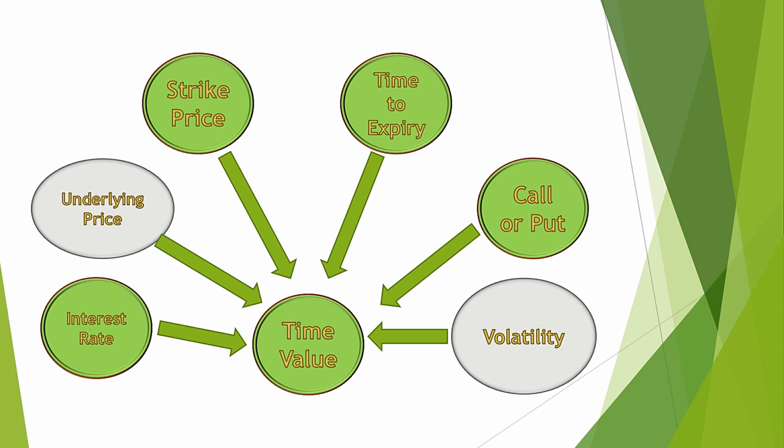Out of these, only two parameters are variable: underlying price and volatility. Can we control underlying price? Well, we can manage risk reward ratio.